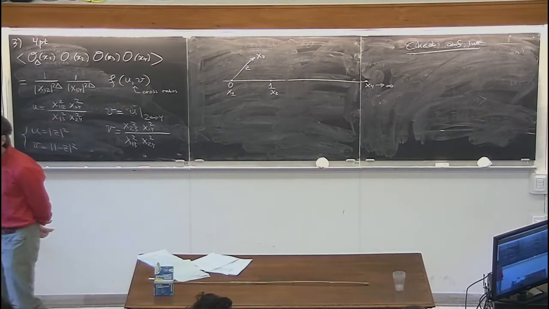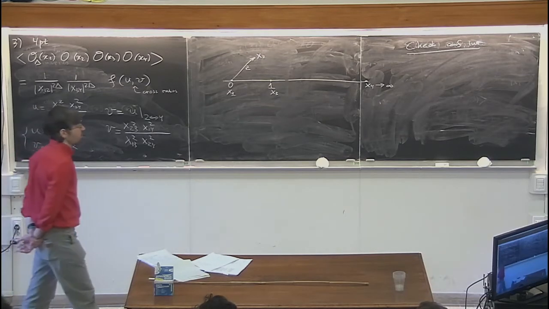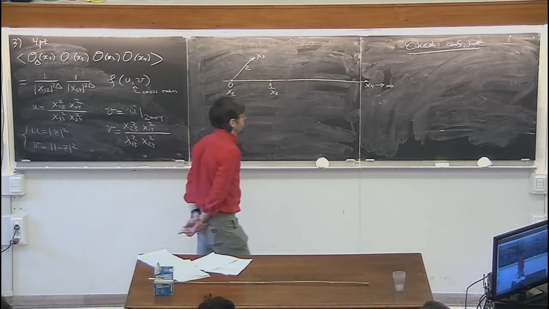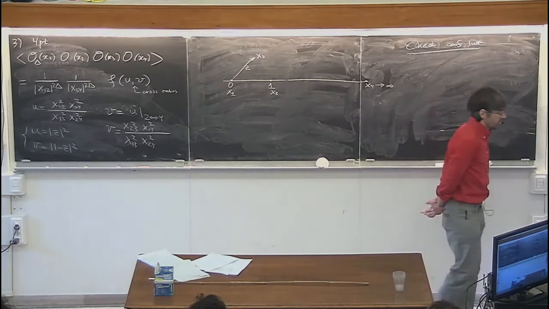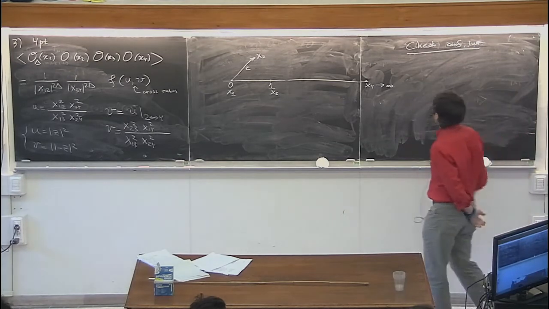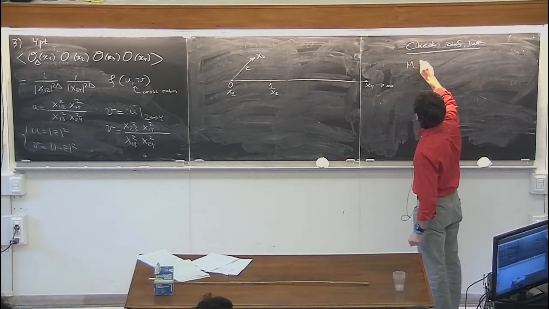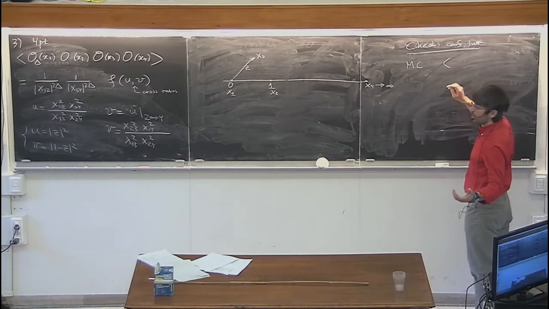But suppose you are a conservative person and you want to check explicitly, by doing some sort of Monte Carlo simulation, that the three-dimensional Ising model is indeed conformally invariant. How would you do this? Well, the most direct way would be to measure on the lattice a 3-point function of some local operators.